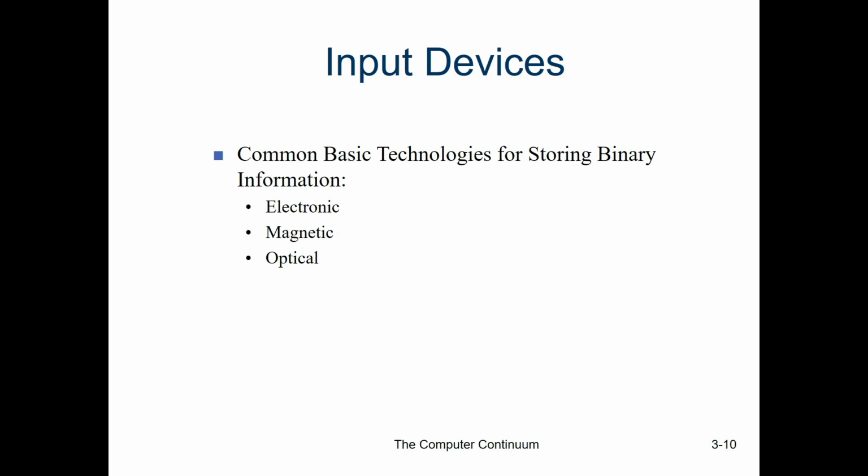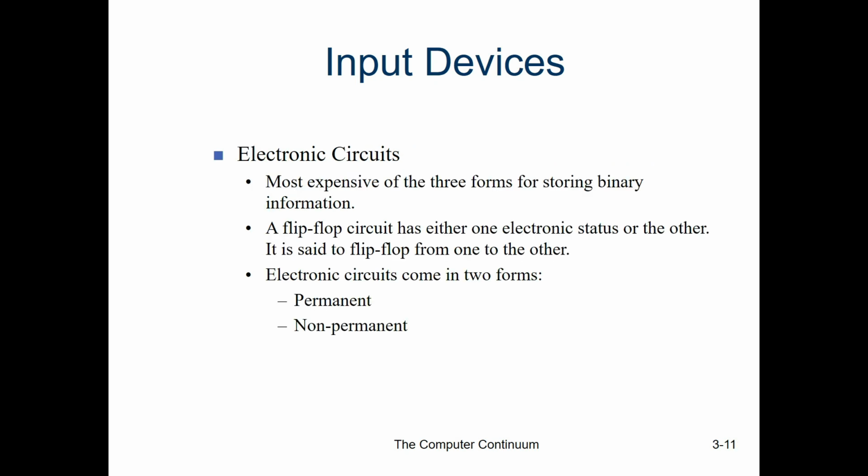So there are some common basic technologies for storing binary information. We use electronic, magnetic, and optical form. So that's, I think, something you all know about. Now electronic circuits are the most expensive of the three forms of storing binary information, which we use most extensively nowadays.